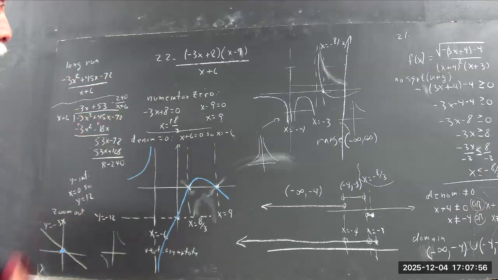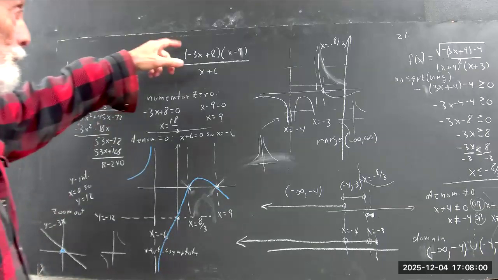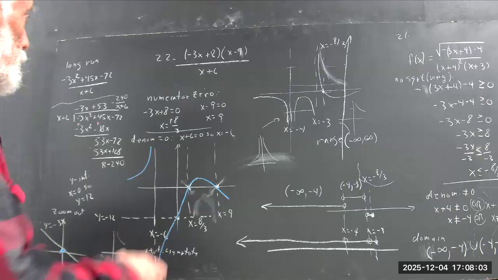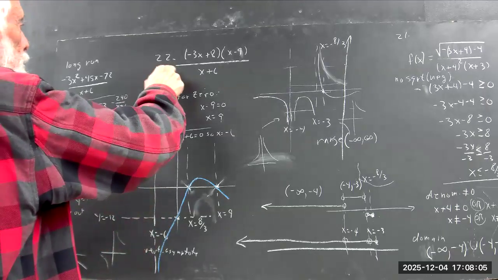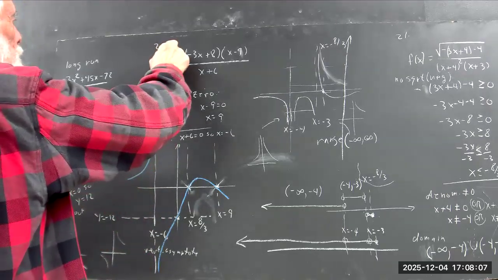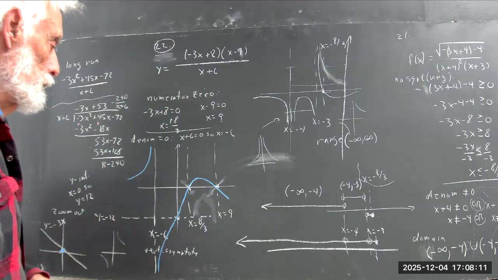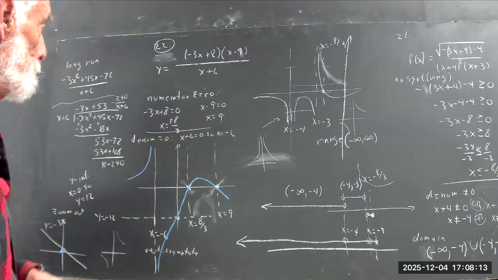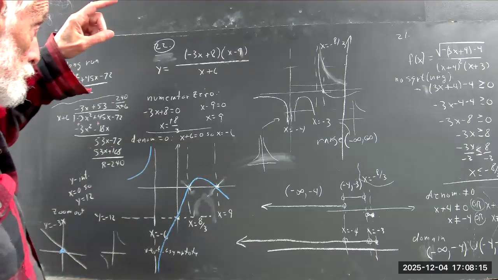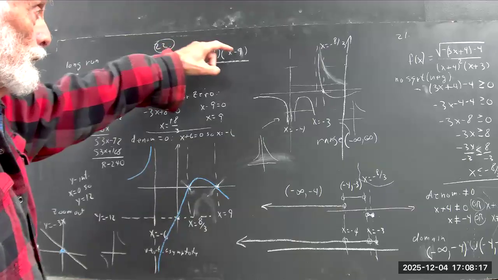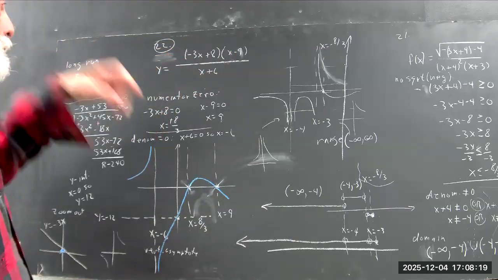Number 22 on your list is to graph this. Okay, so it should be y equals, that's number 22. Fairly straightforward to graph this. It's just a simple rational function.